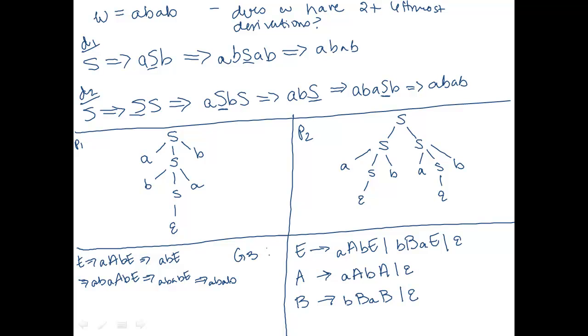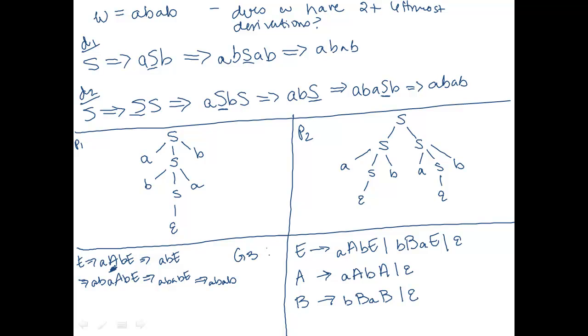Okay, so note that we're claiming that there isn't another leftmost derivation of this string, because in this step here, where we had to replace the leftmost variable, there isn't another rule I can take from that variable.